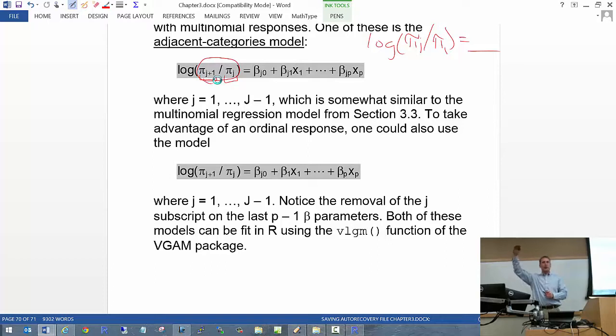You see that progression occurring there, and so you could take advantage of that progression by removing the subscript j on the betas, just like what we did with the proportional odds model. And you could use that kind of model when you have an ordinal response. And again, these models can be fit with the VGLM function.